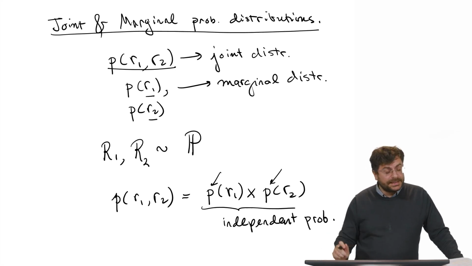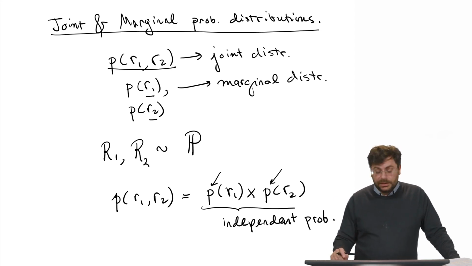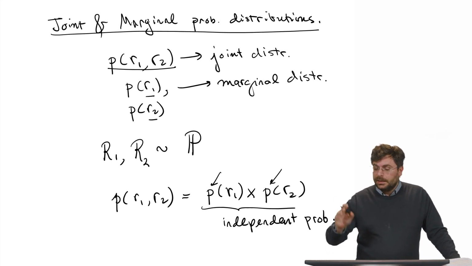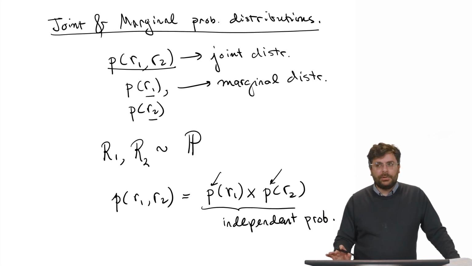Of course, we can say the same thing for two independent dice or two independent coin flips. What is the probability of getting heads on this coin and tails on that coin? Those would be the product of probabilities because those probabilities are independent.